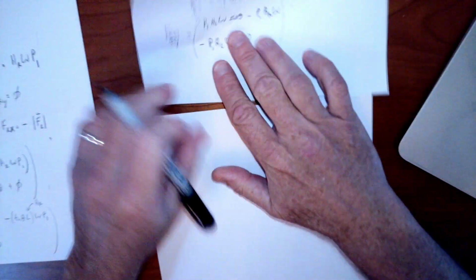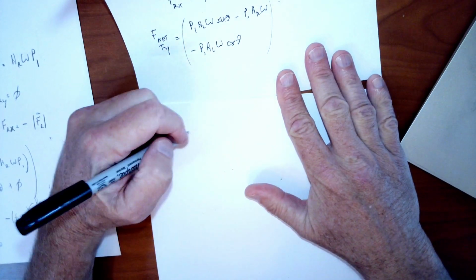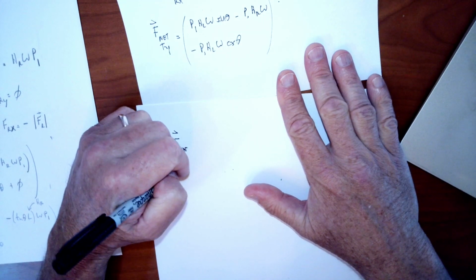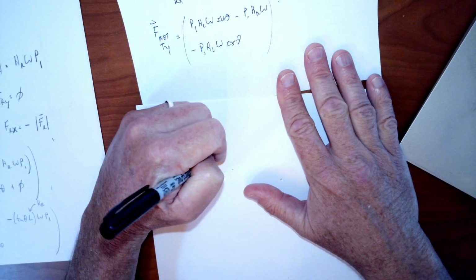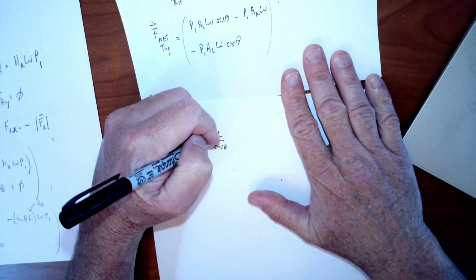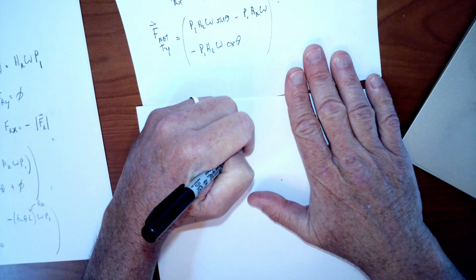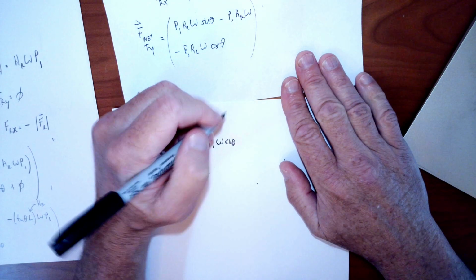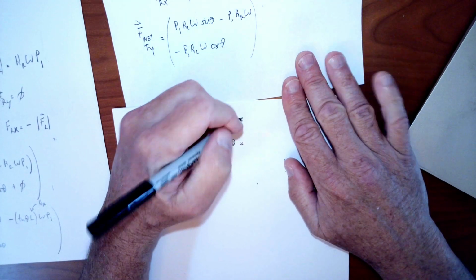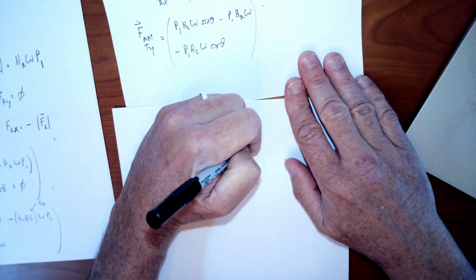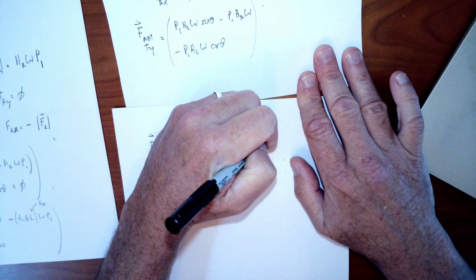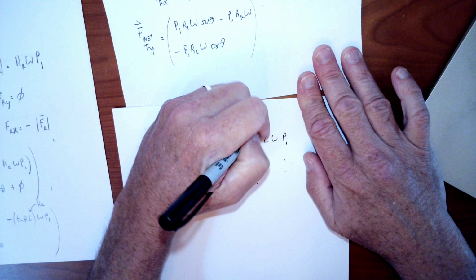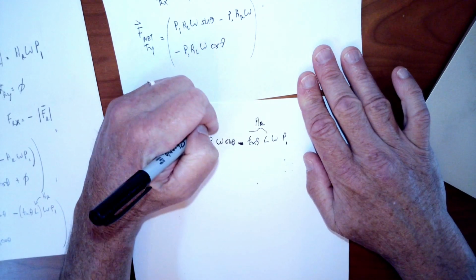So F net top, this is a vector, is equal to L over cosine theta, which is my HL, times P1 W sine of theta, minus tan theta L times W P1, where I've replaced HR and HL.